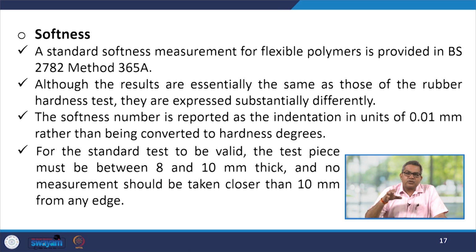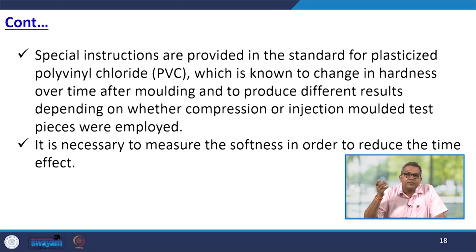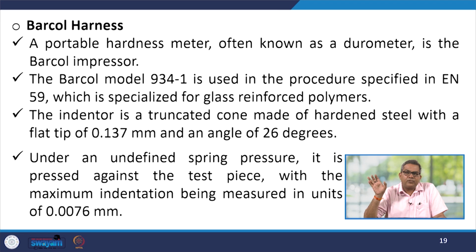For the standard test to be valid, the test piece must be between 8 and 10 mm thick, and no measurement should be taken closer to 10 mm for any age. Special instructions are provided in the standard for plasticized polyvinyl chloride, which is known to change in hardness over time after molding and to produce a different result depending on whether compression or injection molded test pieces were employed. Now, it is necessary to measure the softness in order to reduce the time effect.